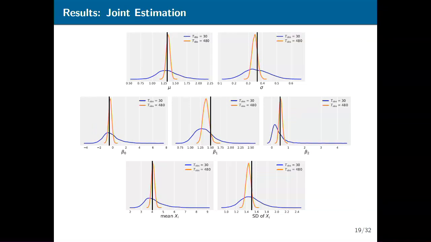So in this case, you can do a bit of joint inference, although you still have a lot of posterior uncertainty. In particular, for beta 2, which is the coefficient concerning the time span at the U line, there's still a lot of posterior mass near 0, so you can't really conclude whether that term actually has an effect.